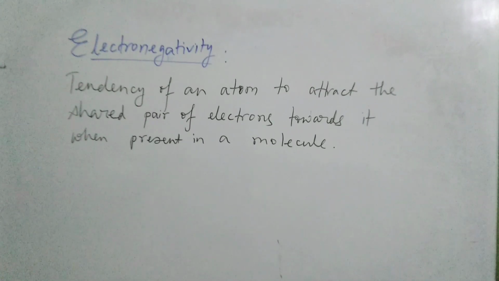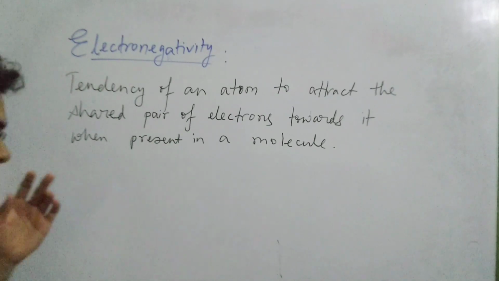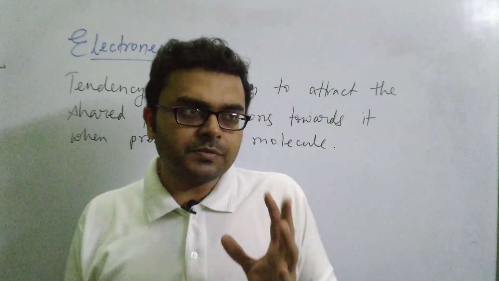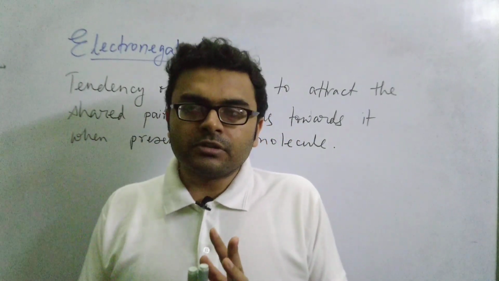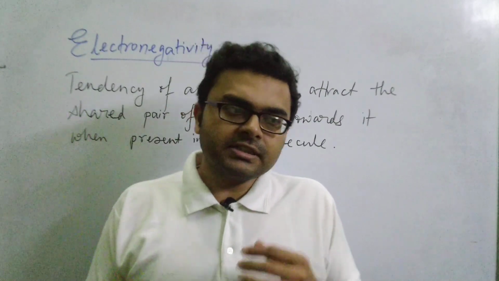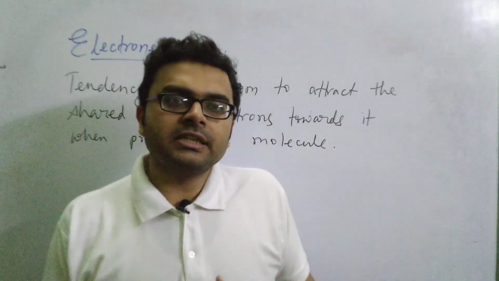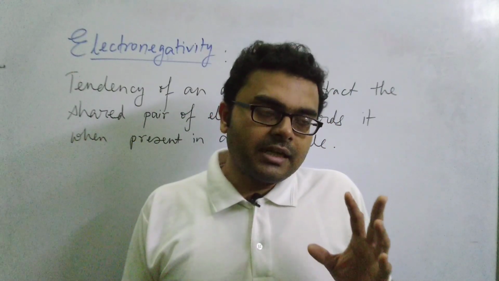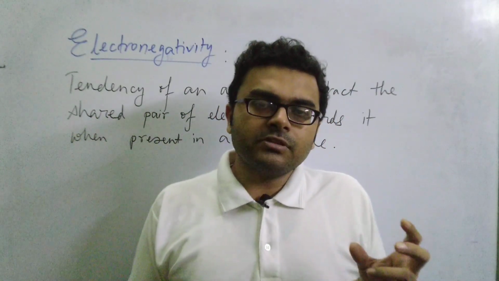So it's a tendency that, as you have seen in a covalent bond, electron pairs are being shared, and in that case the atoms tend to attract electrons. If you consider the case of water, oxygen has a little more tendency to attract the shared pair of electrons than hydrogen, and this tendency of attracting electrons depends on certain factors.